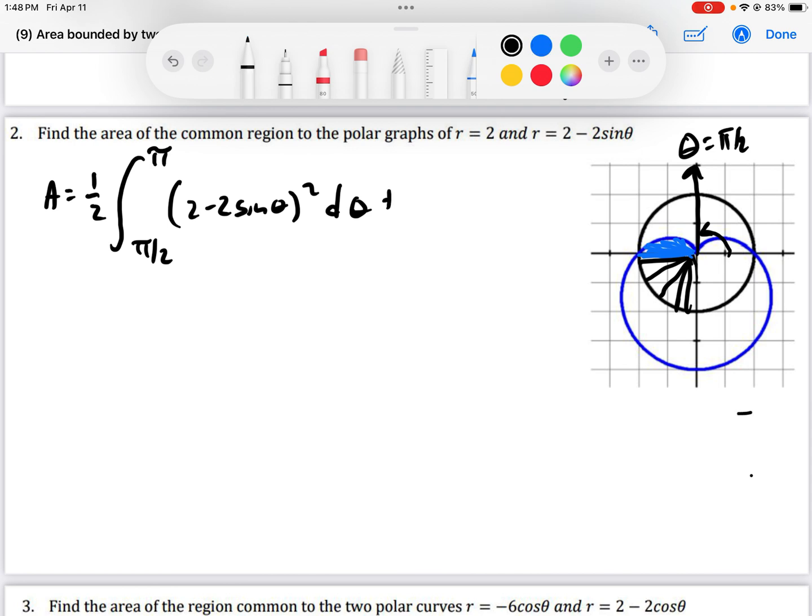That's where I stop. Then I add that to the other function, r equals 2, integrated from pi to 3 pi over 2, with radius 2 squared d theta.